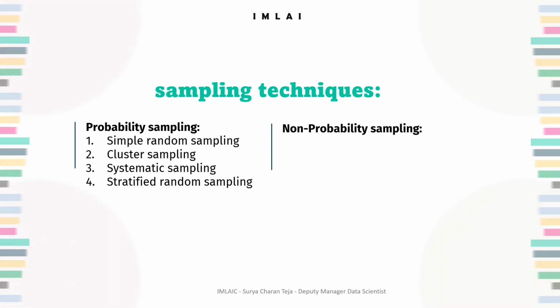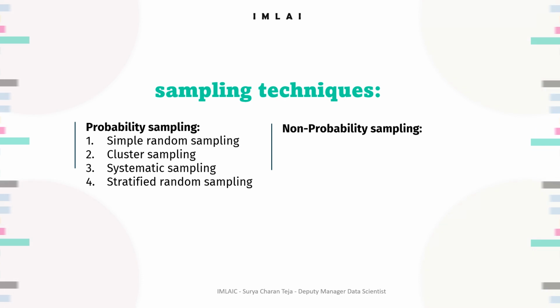Then we have non-probability sampling. Non-probability sampling is where samples are chosen based on the researcher's subjective judgment. So there is always a bias in these sampling methods.